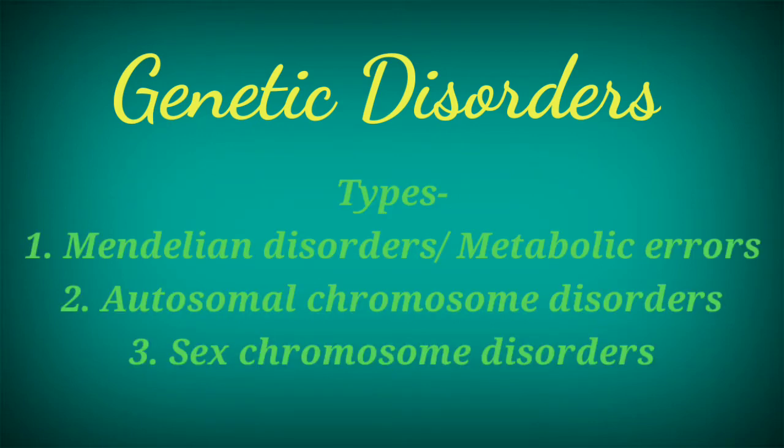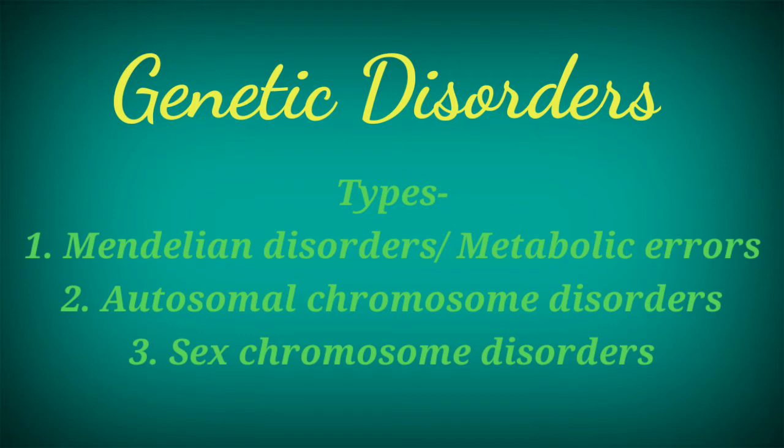Now these genetic disorders are of three types. One is called Mendelian disorder, which takes place because of the mutation in the structure of the gene. Then comes chromosomal disorder, and this chromosomal disorder is again divided into two: one is autosomal disorder and the other one is sex chromosomal disorder.